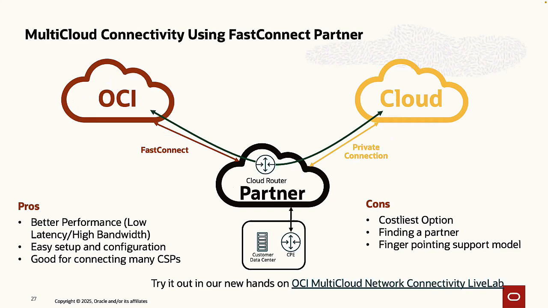Many of our FastConnect partners, such as Megaport and Equinix, support this design, which can be configured by standing up two BGP-enabled circuits between the CSPs through the FastConnect partner: the FastConnect between OCI and the partner, followed by another circuit between the partner and the cloud provider using a private connection. This comes up with the solution here.